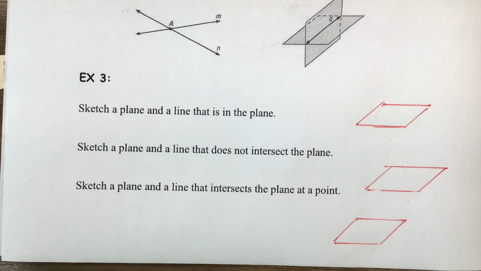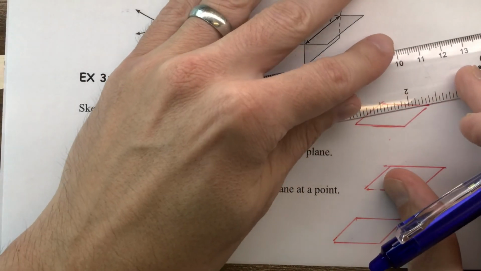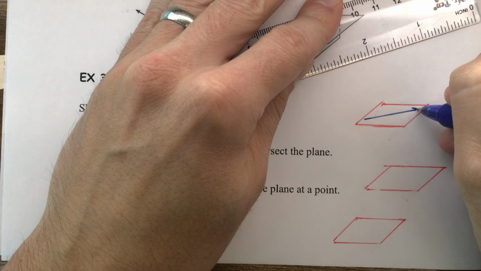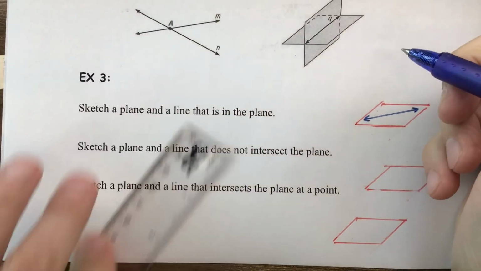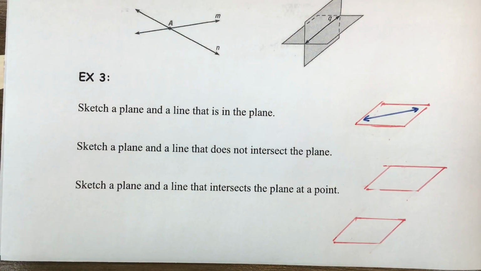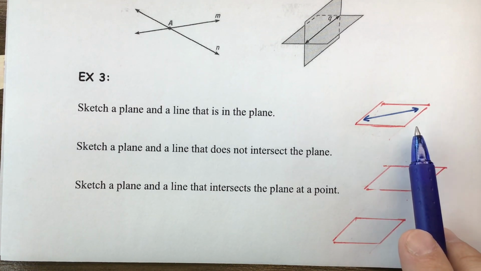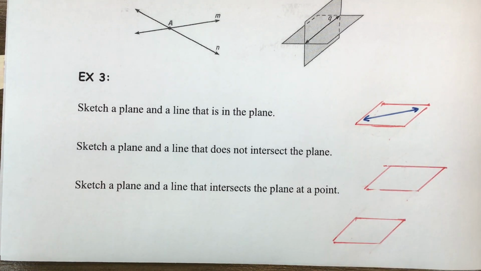You can also describe it as just being on top of the plane. So it's literally sitting right on top of it. Sometimes in the pictures, you're going to have to use a little bit of imagination to make sure you understand what it is, but I think that one came out pretty good here. The line is sitting on top of the plane. So you could almost think of the plane as a tabletop, and we just have a little stick we drew on top of the tabletop.